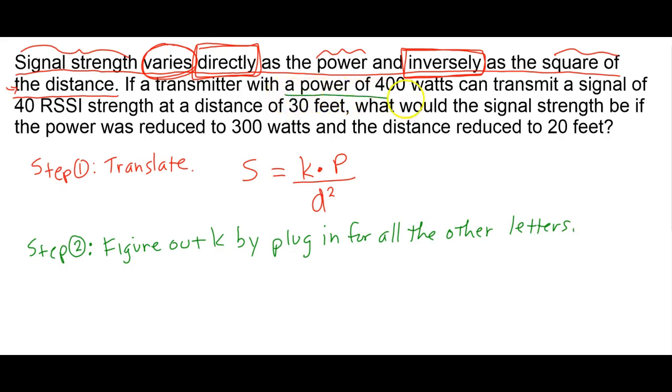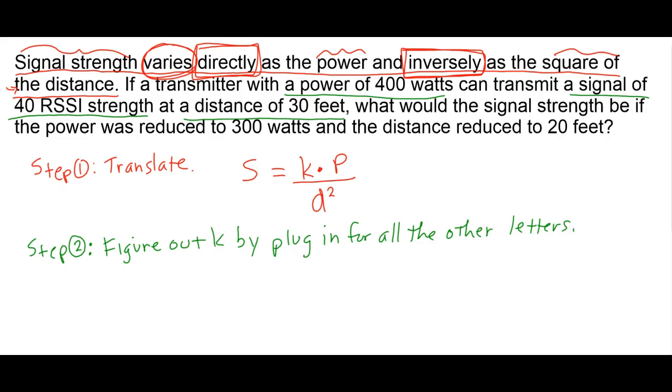It says a power of 400 watts gives a signal of 40 RSSI, whatever that stands for, strength, at a distance of 30 feet. So that's going to allow you to plug in for power, for strength, for distance, and once you've plugged in for S and P and D, K is the only letter left.